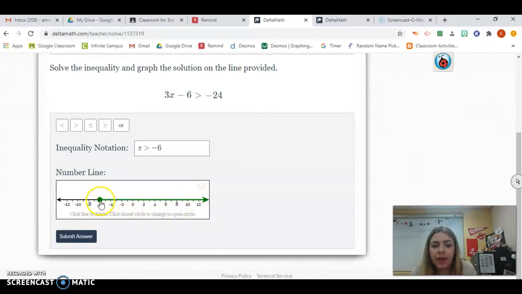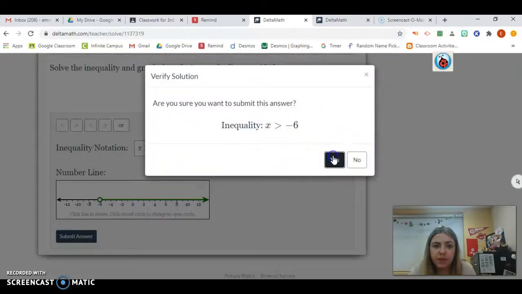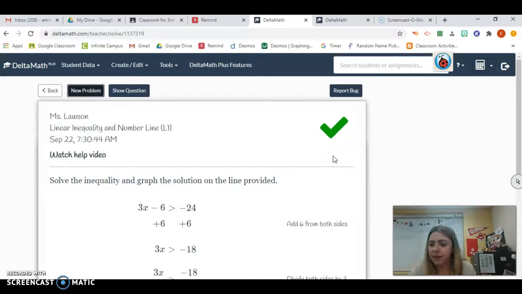However, we want an open dot, so you just click on the circle and it changes to open. Now if you accidentally mess up and want to change it, all you have to do is click the line to delete it and it will go away. Okay, but we know that this is correct. Yes. Okay, there we go.